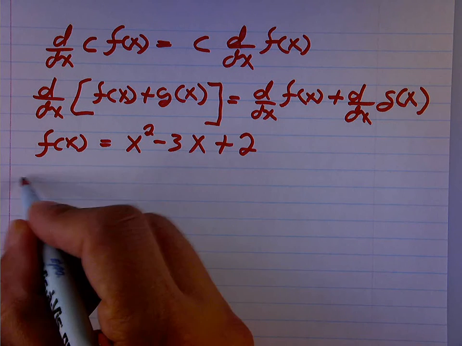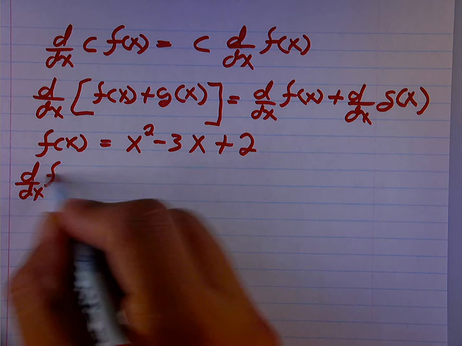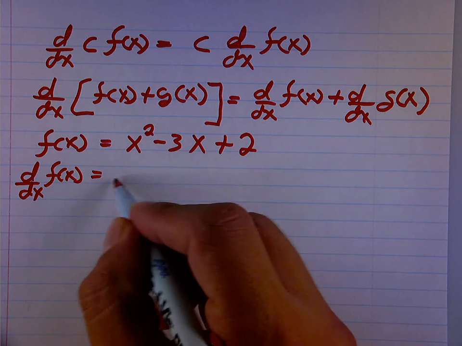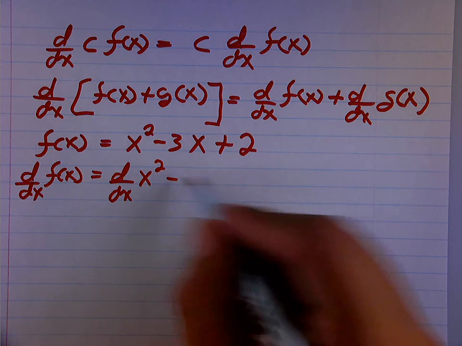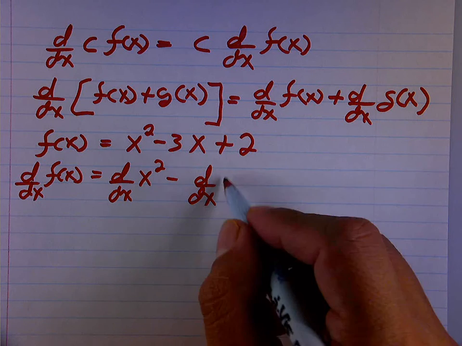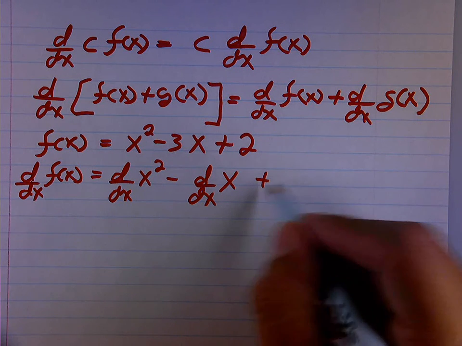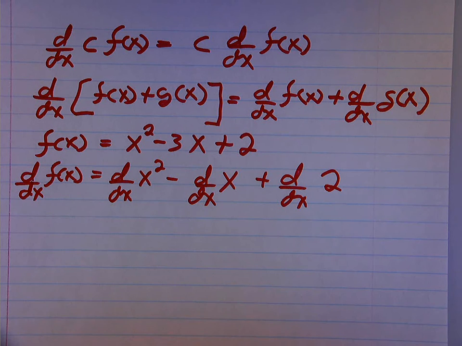I'm going to write it out the long way one time only. The derivative of this function equals the derivative of x squared minus the derivative of 3x plus the derivative of 2.